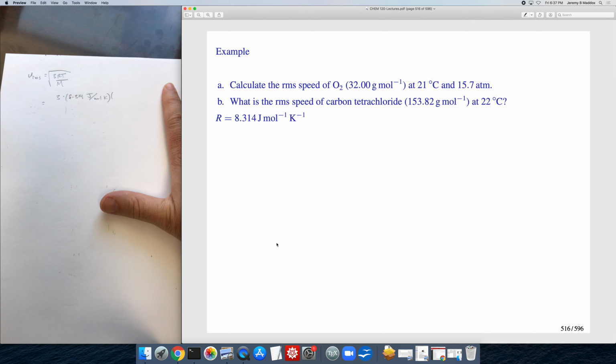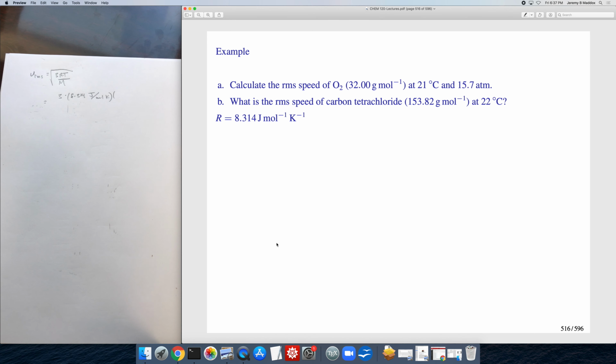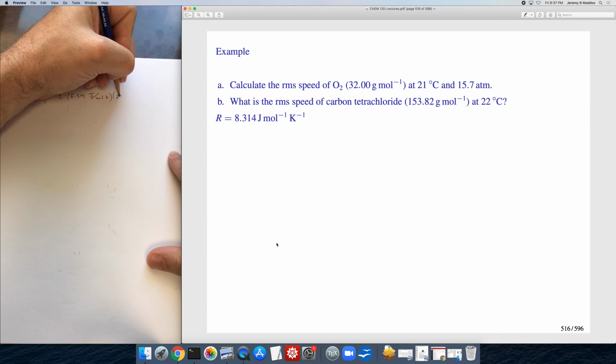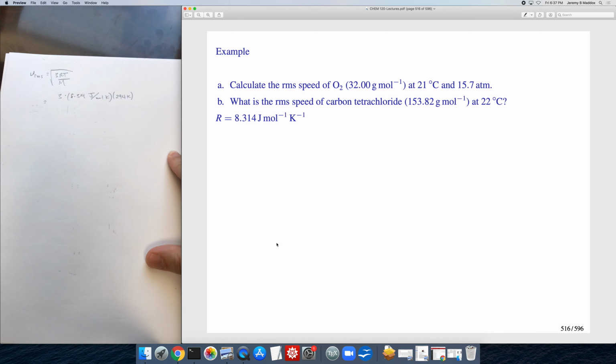We want the temperature in Kelvin, so 21 degrees Celsius is 294 Kelvin. And then when we do the molar mass, we're going to want that in kilograms as well.